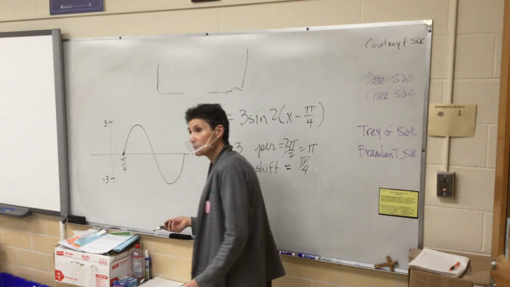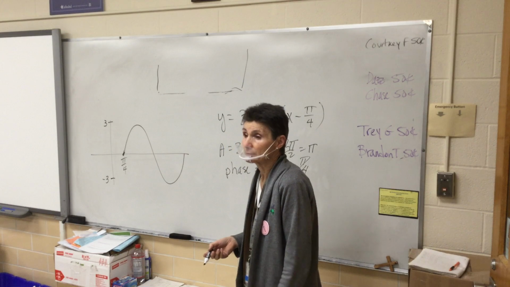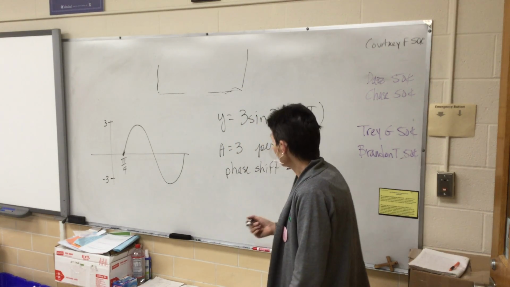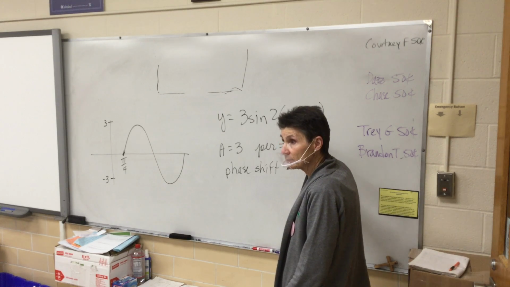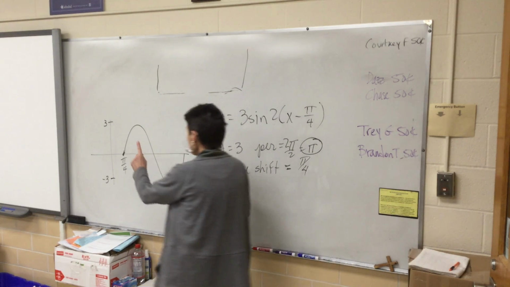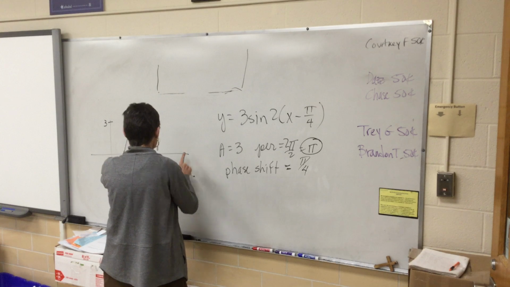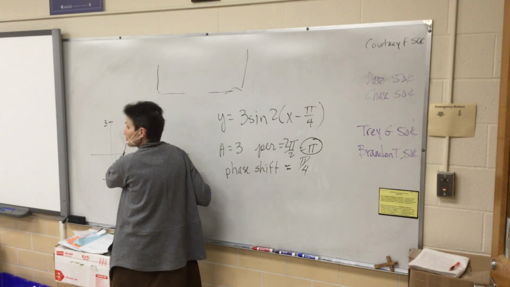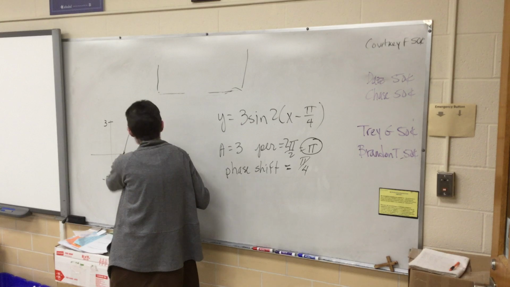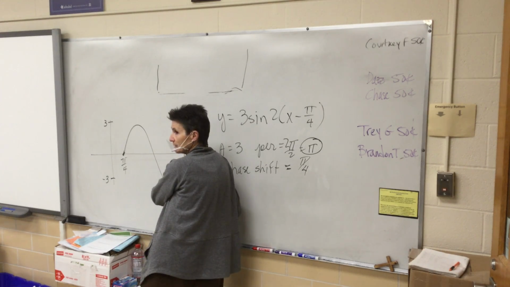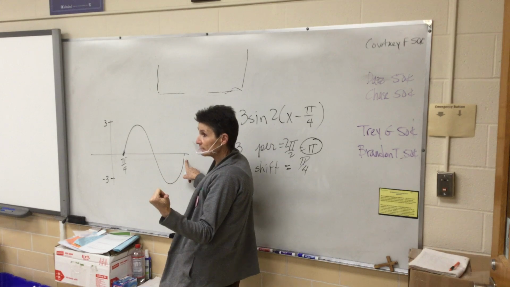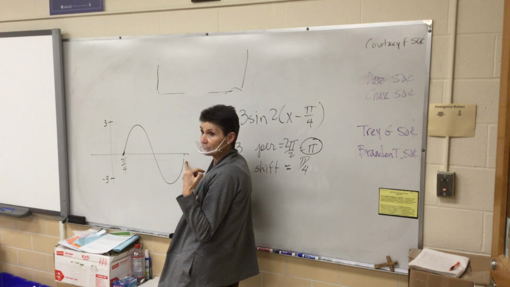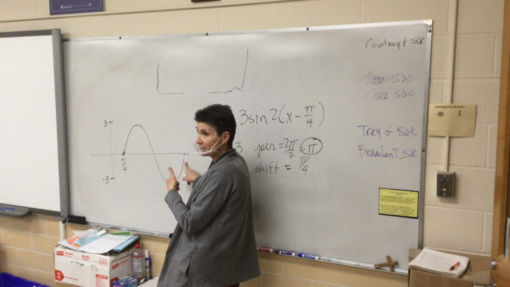Now here comes the part you gotta think for a minute. We have figured out that the period is pi. That means that from here to here is pi. This is not pi. It would have been pi before I moved it, but I've moved it now. You get it? Don't put pi here.